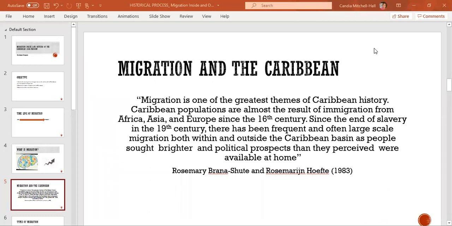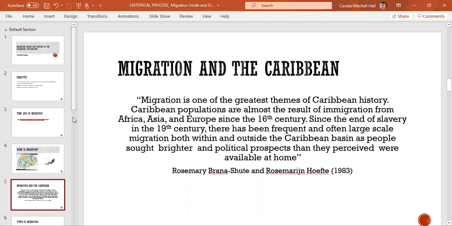We are always on the move, right? Whether it is by force or by free will. Caribbean people is always on the move. So one of the greatest themes of Caribbean history is migration, all right?